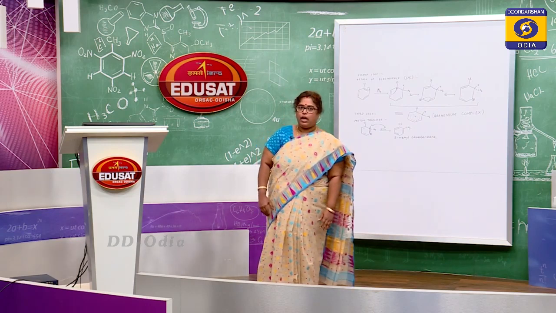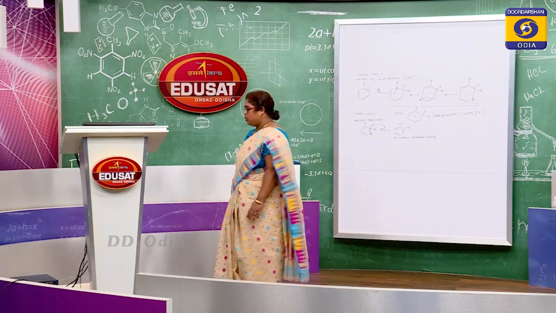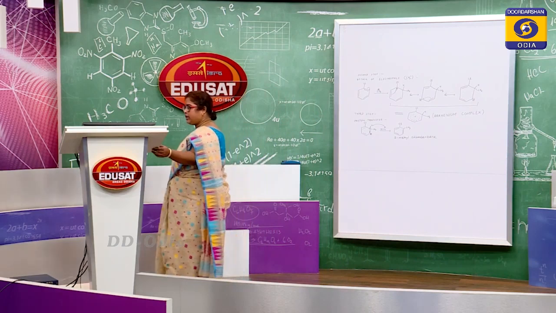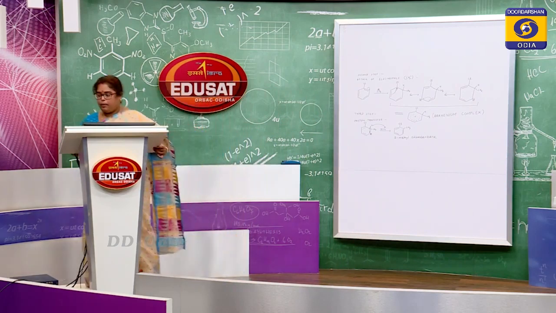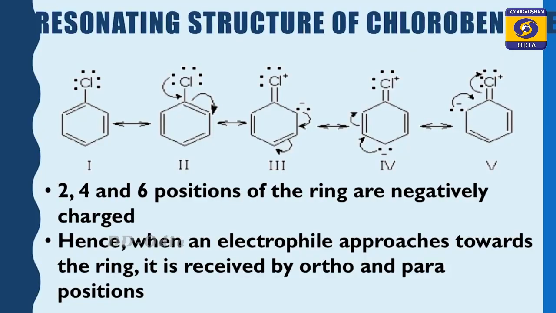First, I would like to show you the resonating structures of benzene. In this case, students, you see I had taken chlorobenzene as the example, because chlorobenzene is the example of a haloarene, which is our topic of discussion. You all please see the resonating structures of chlorobenzene.